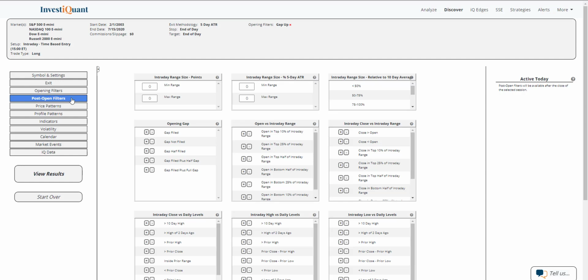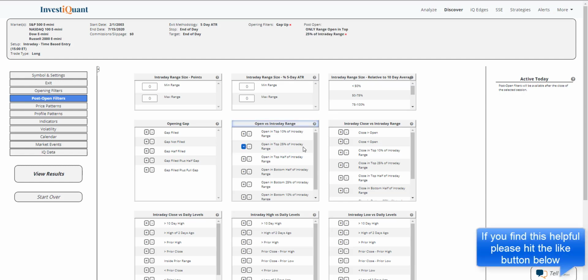I'm going to go into the post-open filters, and I am going to build out this price action. The market's moving right now, so the market may move to a different position by the time 3 p.m. rolls around. So I don't know that this will be true or not at the moment of 3 p.m. Eastern Time, but I'm going to go ahead and define it anyway as opening in the top 25% of the intraday range.